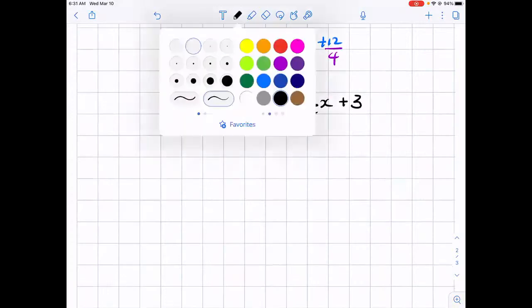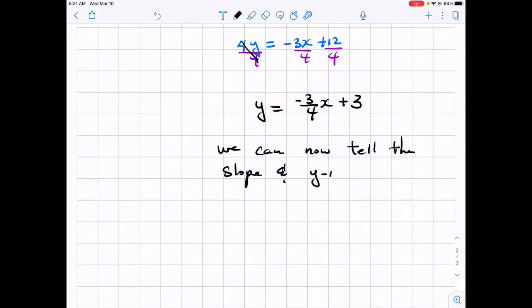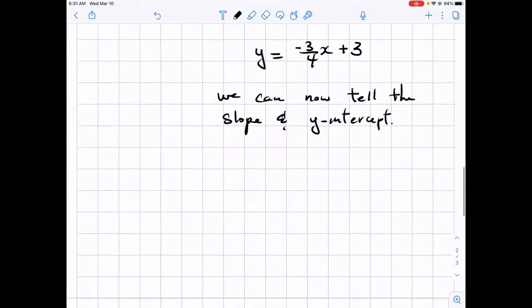Now we can tell the slope and y-intercept. So now the slope m is equal to negative 3/4, and the y-intercept is (0, 3).